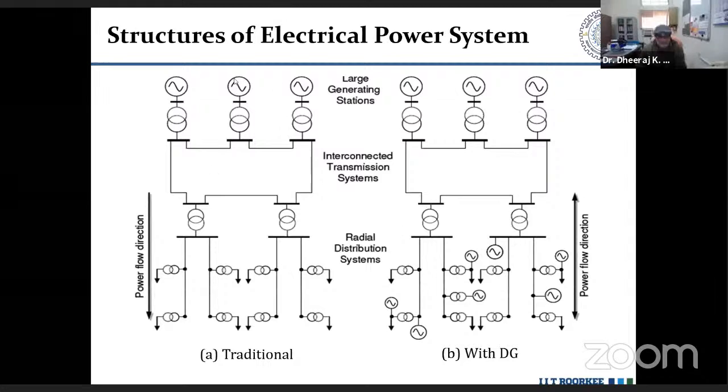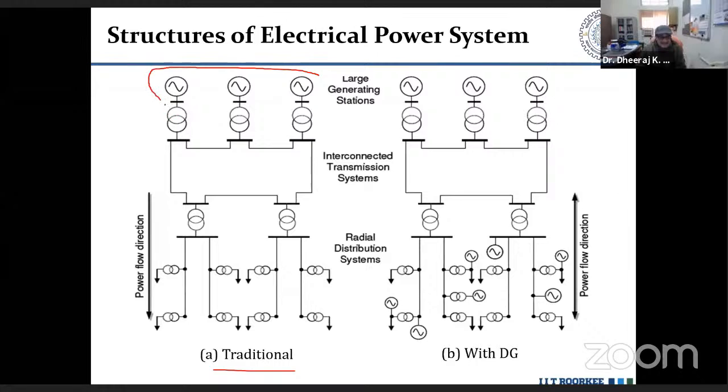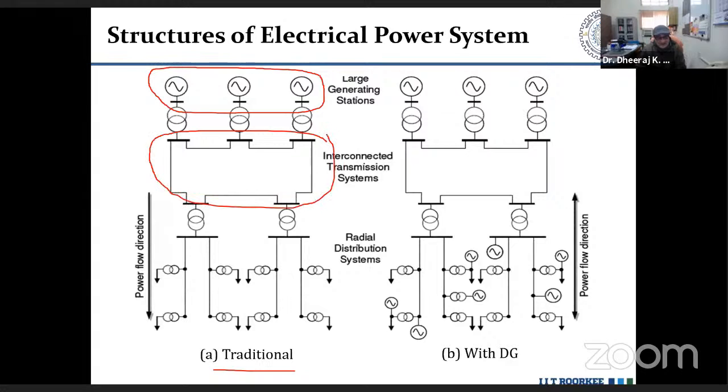So this is the structure of the electrical power system. This is the traditional structure. Here we have large generating stations. They are connected to the transmission system after reaching the voltage level.